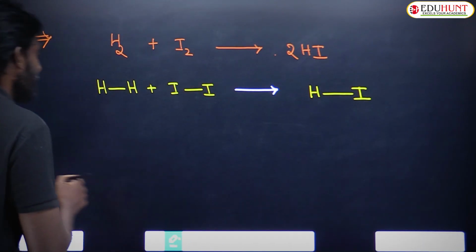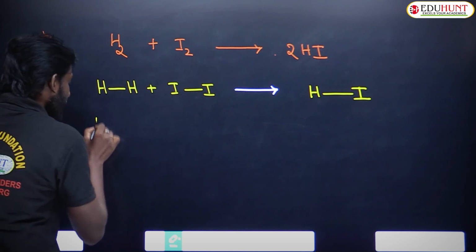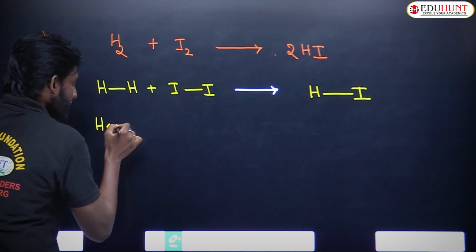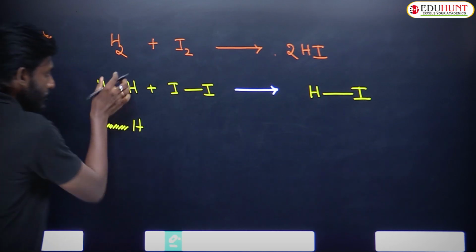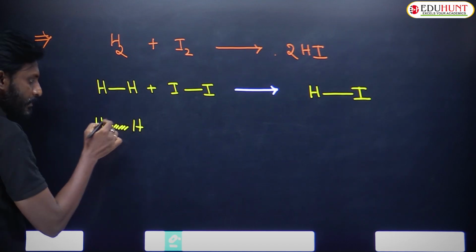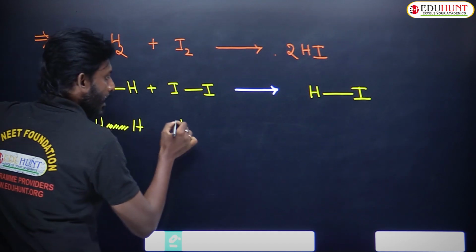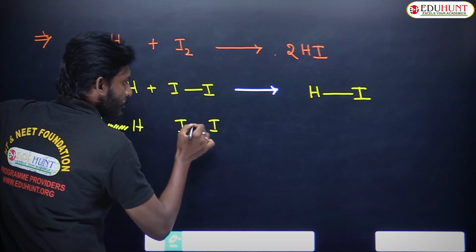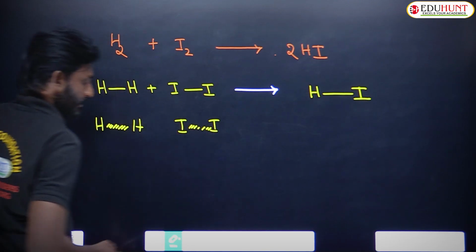Then how can I represent that on paper? Now let me try to show slowly that the bond is breaking. So I am representing it like this. Slowly this bond is breaking, and slowly this iodine bond is breaking.